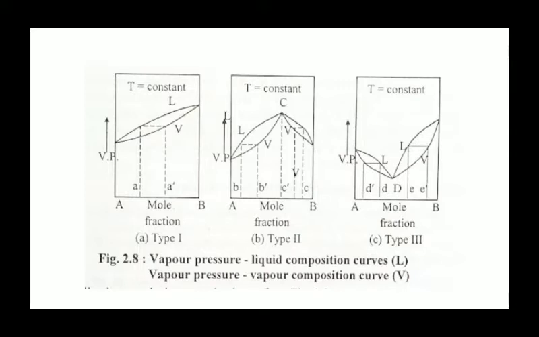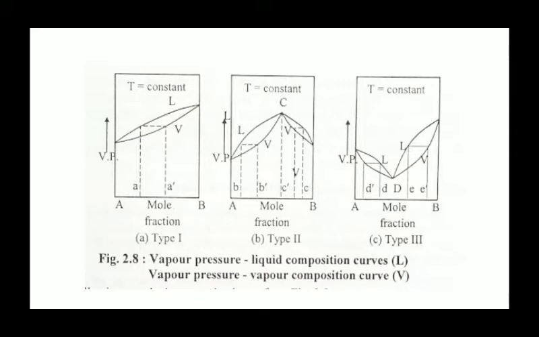A liquid mixture of composition A will be in equilibrium with vapor of composition A dash, and in comparison with A, A dash lies closer to B. Thus, the vapor is richer in component B, which is more volatile.